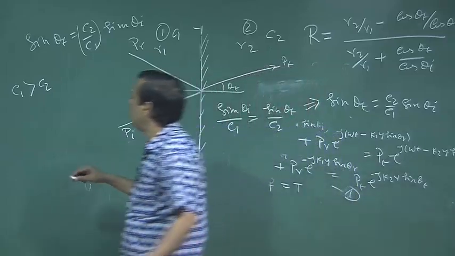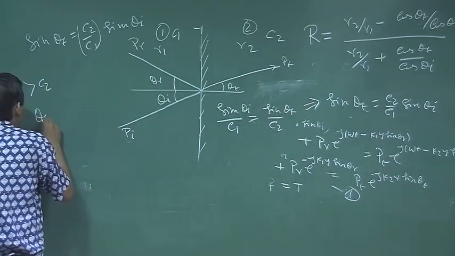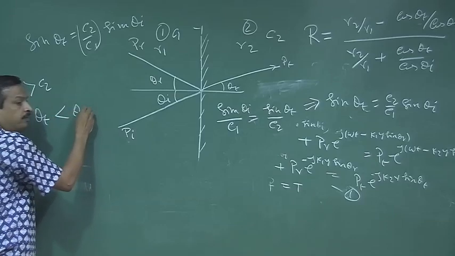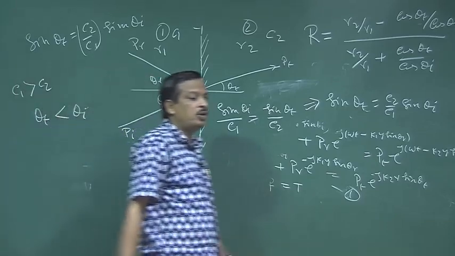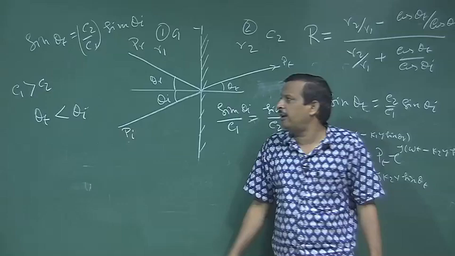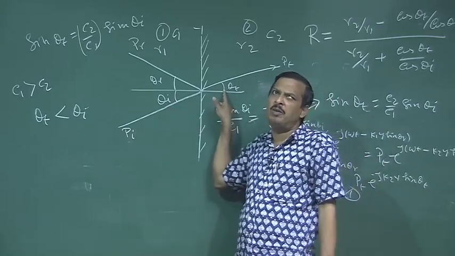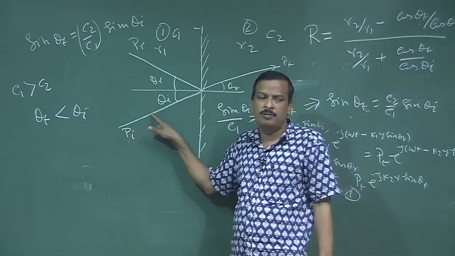So, in that case, theta t will always be smaller than theta I. So, the angle of transmission will always be lower than the angle of incidence.